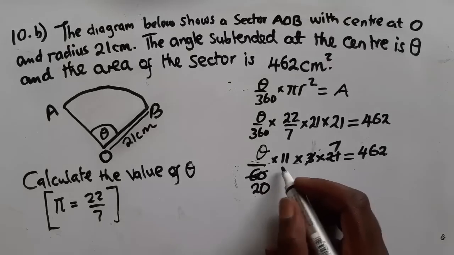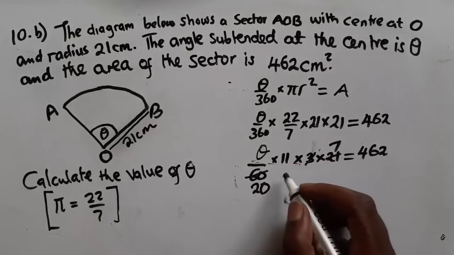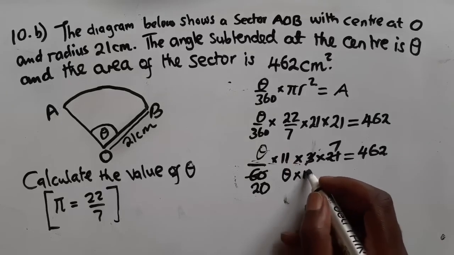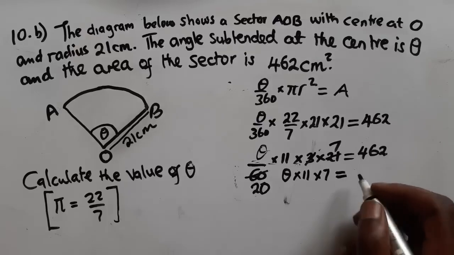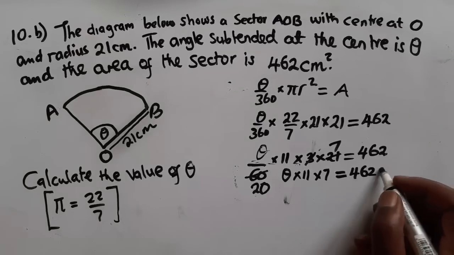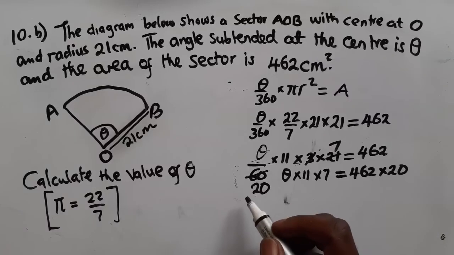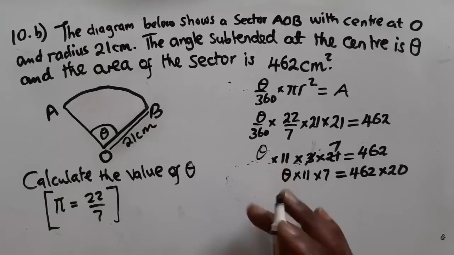So at this point now, this side we are remaining with theta multiplied by 11 multiplied by 7. This will be equal now to 462 multiplied by 20, where I said you cross multiply at that point. So this side we no longer have this.